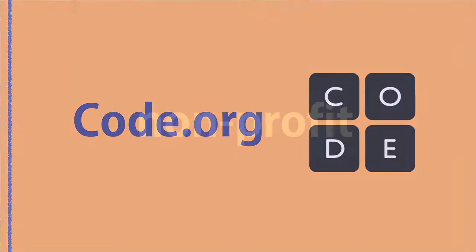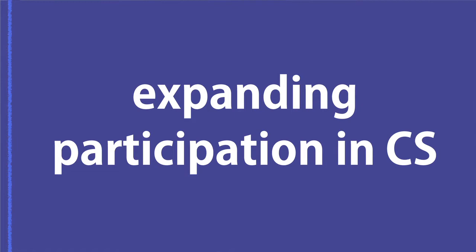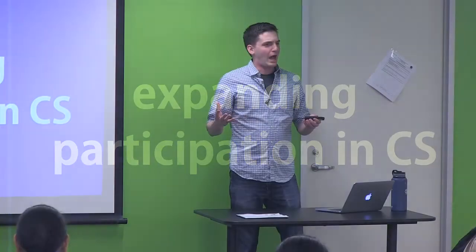Code.org is a nonprofit for computer science education. We're trying to expand participation in computer science. Right now, not everyone has the opportunity to learn it. I definitely did not have computer science classes in elementary, middle, or high school.